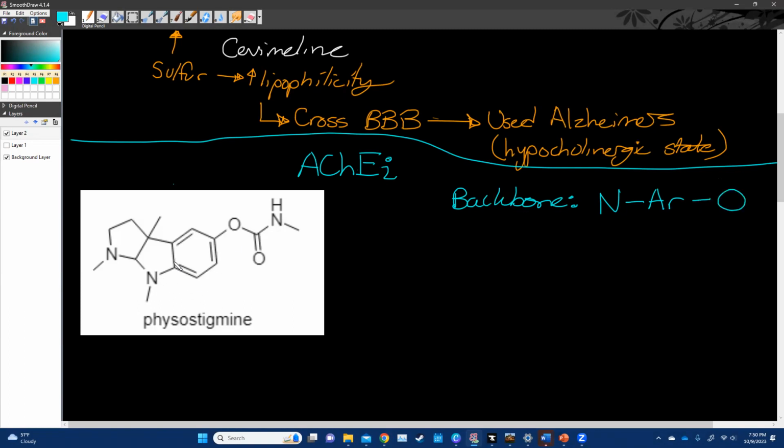So if you see N-aryl-O, N-aromatic-O, you know, okay, that's acetylcholinesterase inhibitors.